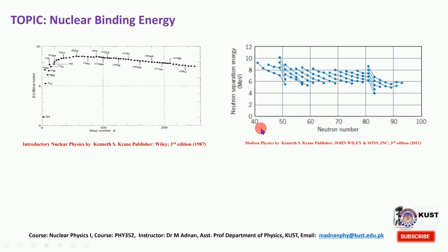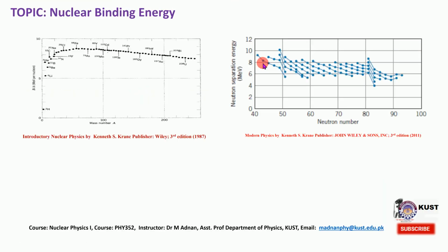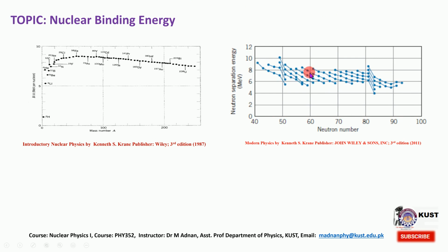And also the separation energy must follow this kind of trend. This is taken from the modern physics book by the same author, Kenneth S. Krane. That is the range over this entire neutron number. Remember, this is the neutron number, not the mass number, but one can see that these are just fluctuating.